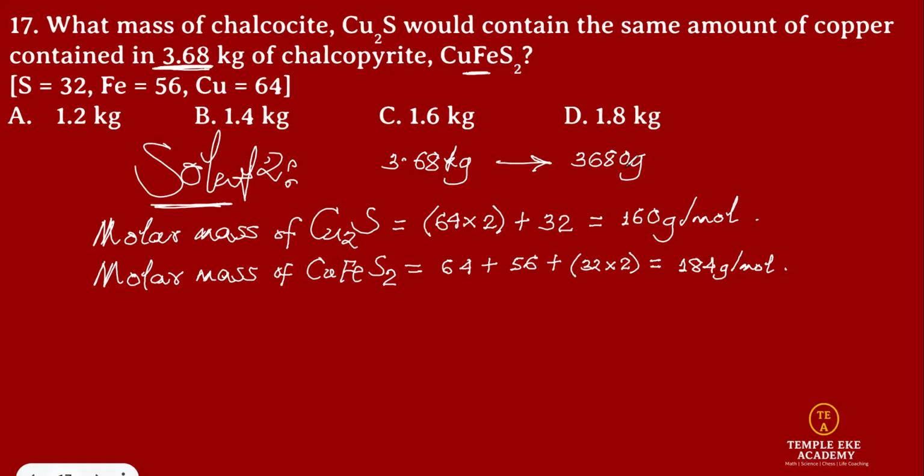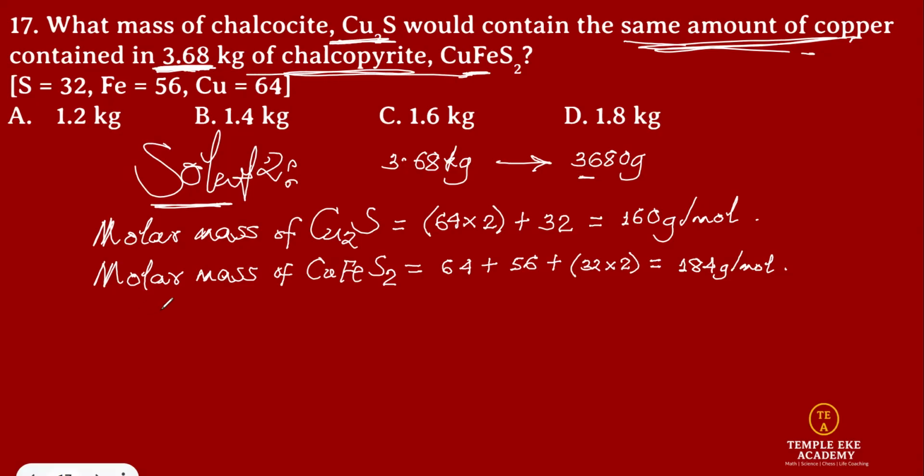Now, we want to see what mass of chalcocite, that's Cu2S, will contain the same amount of copper. So the first question is, what mass of copper will be present in that given amount of chalcopyrite? Let us determine the mass of copper present in the 3.68 kilograms of chalcopyrite, which has been converted. So let's get straight off into it.